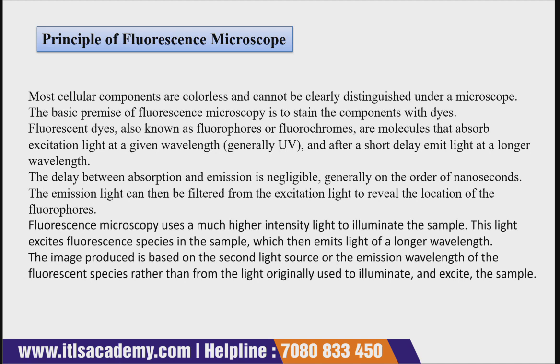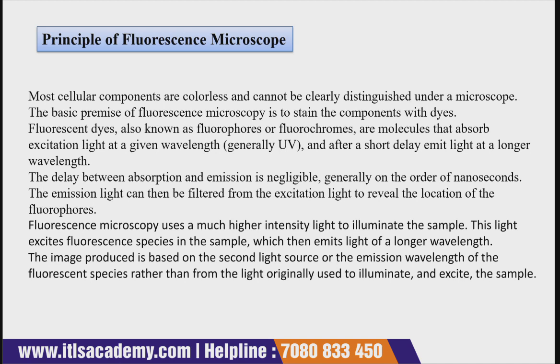Fluorescent dyes, known as fluorophores or fluorochromes, are molecules that absorb excitation light at a given wavelength, usually UV, and after a short delay emit light at a longer wavelength. The delay between absorption and emission is negligible, generally on the order of nanoseconds. So the emission light can be filtered from the excitation light to reveal the location of the fluorophores.